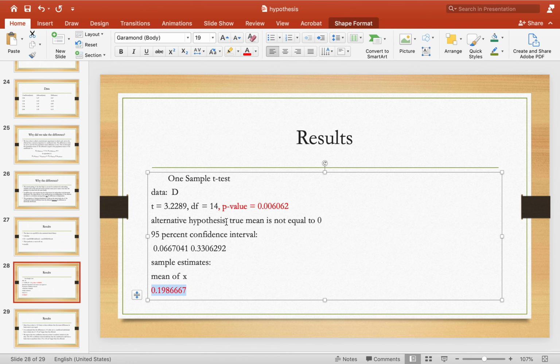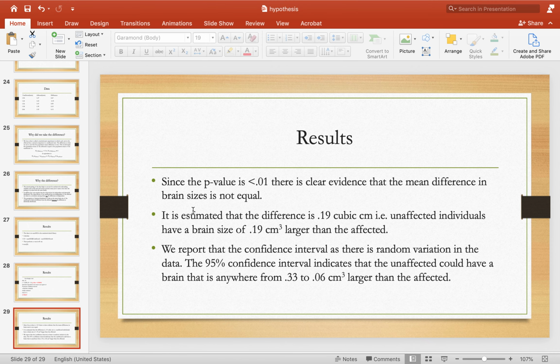Okay, so next I take these results and I parse them into a couple of bullet points. So the p-value, that's the level of alpha, is less than 1%. I'm calling that clear evidence, but it's a bit of philosophical speak. Clear is different for everyone, but most people would agree that the odds of something occurring being less than 1% is pretty strong evidence that the mean difference in brain size is not equal.